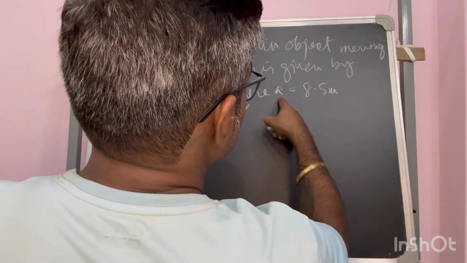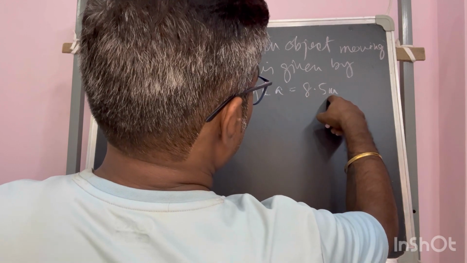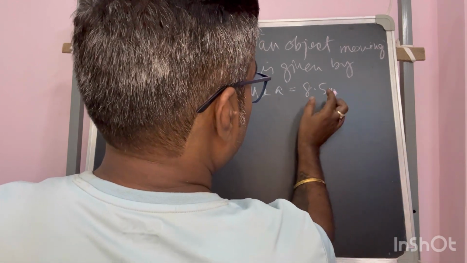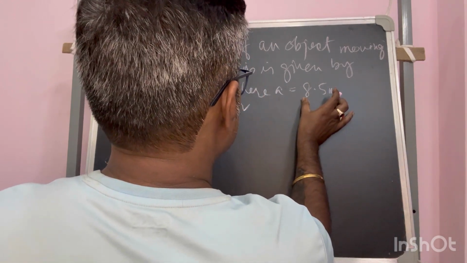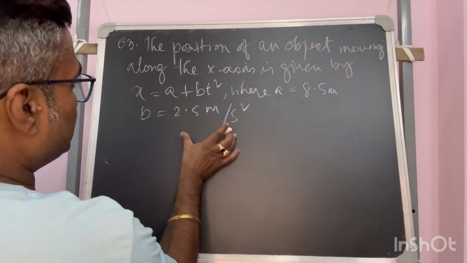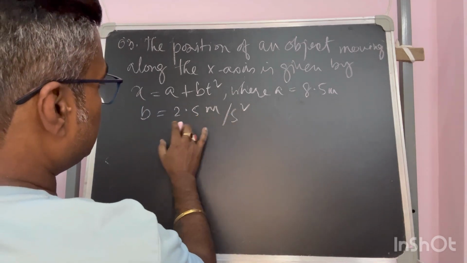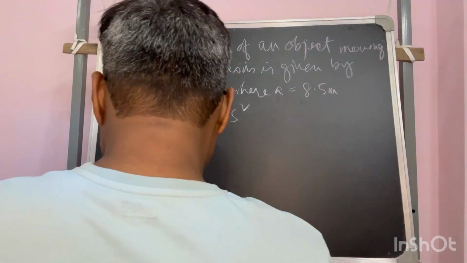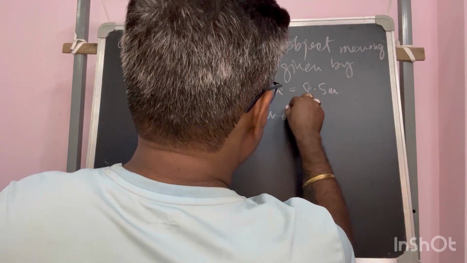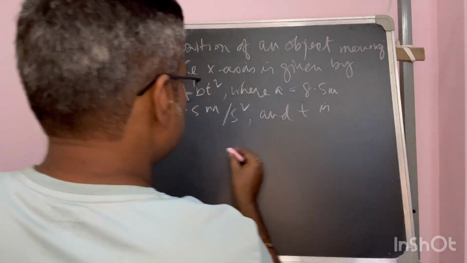So that means a is a constant which is in linear dimension. That means it is representing the displacement, you can say, and b is a constant that is given in meter per second square. That means acceleration. Meter per second square is a unit of acceleration, and t is measured in second.